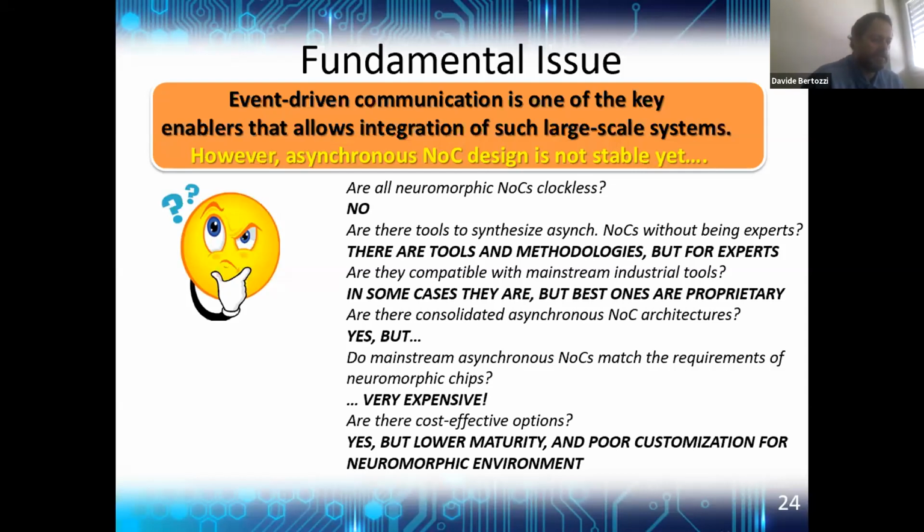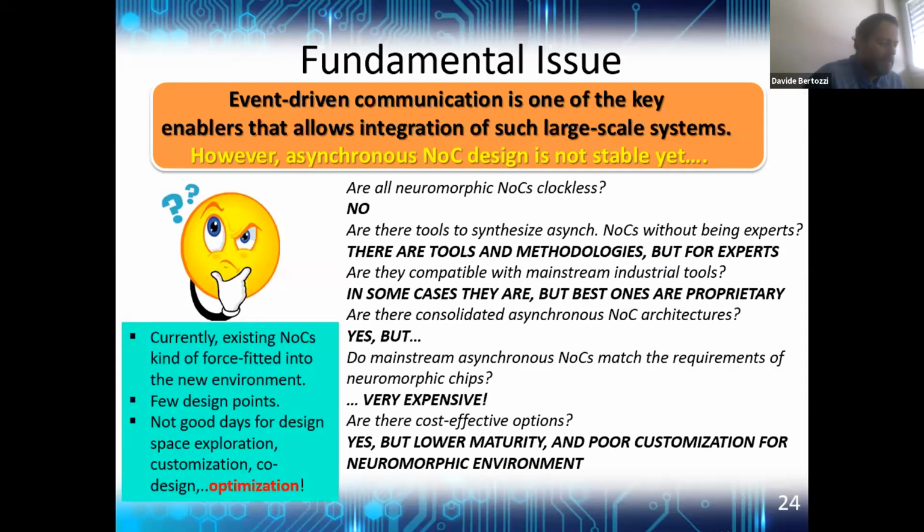Last but not least, the customization of asynchronous NoC architecture for a neuromorphic environment, in my opinion, is still lagging far behind, because the impression is that people are trying to force fit existing NoC architectures into the new application environment.